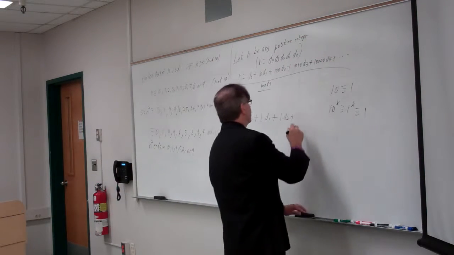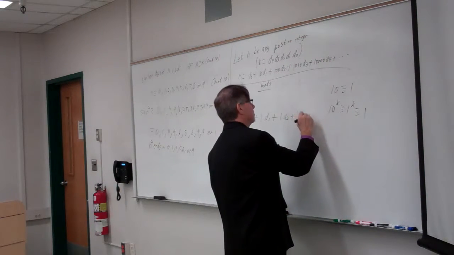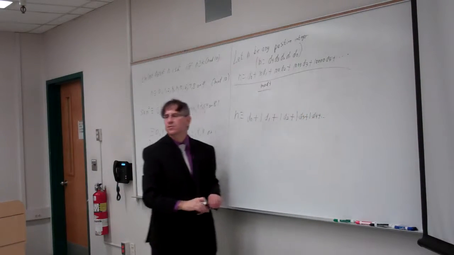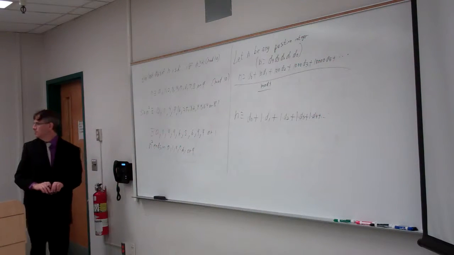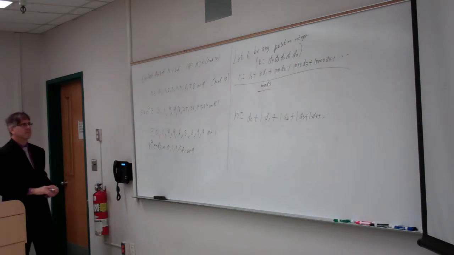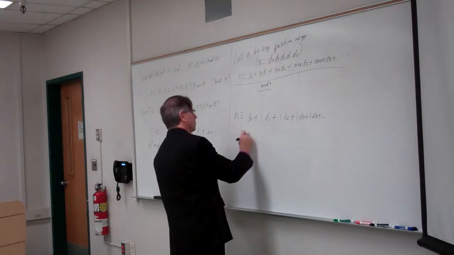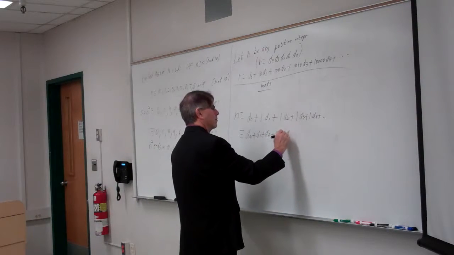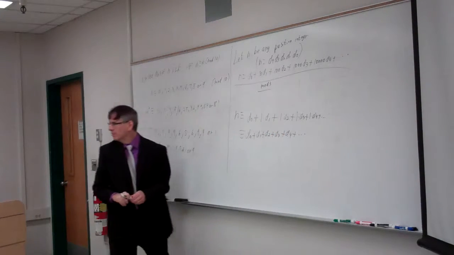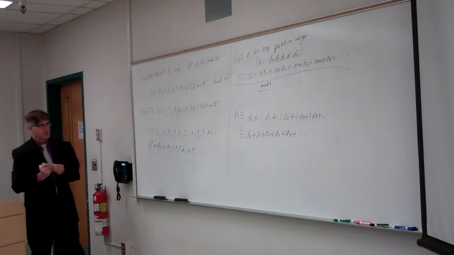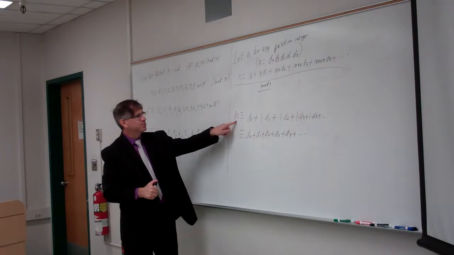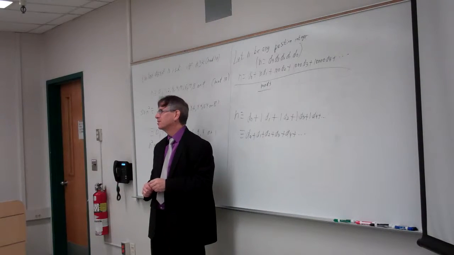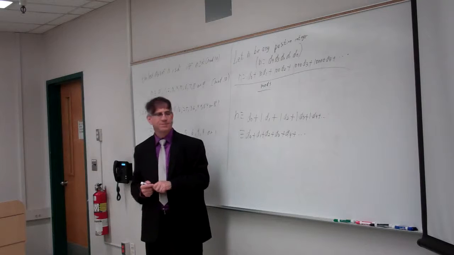So our number is congruent to just the sum of the digits. So in particular, n is congruent to 0 mod 3 if and only if the sum of the digits is congruent to 0 mod 3.